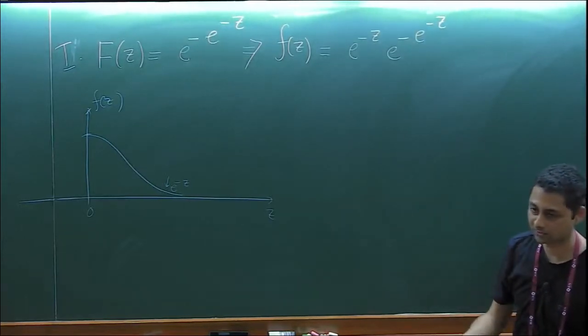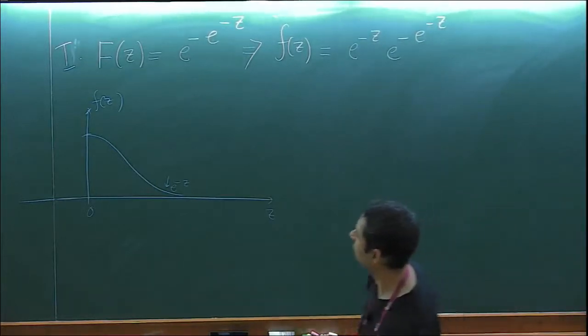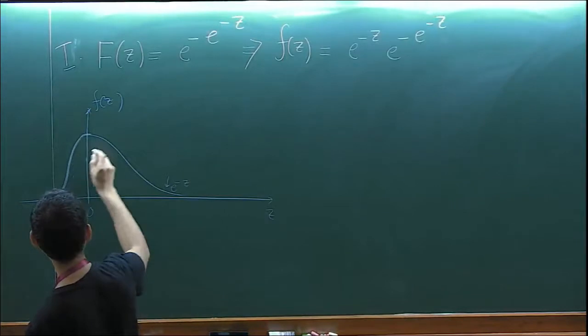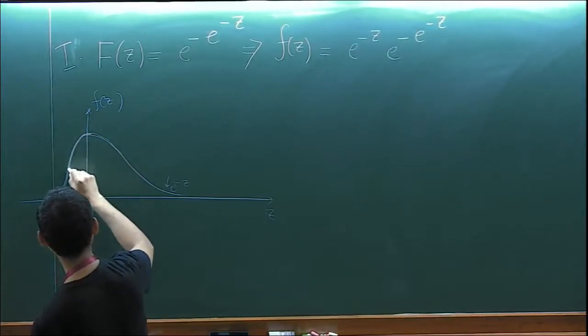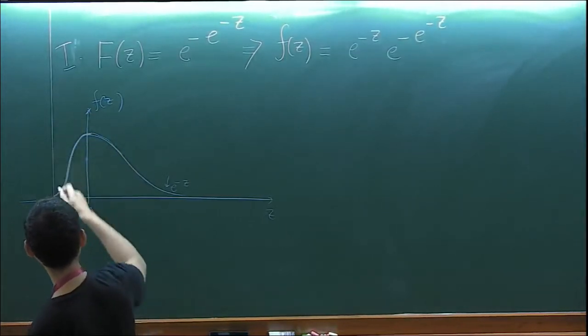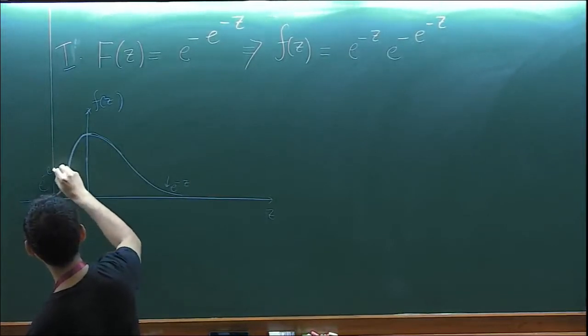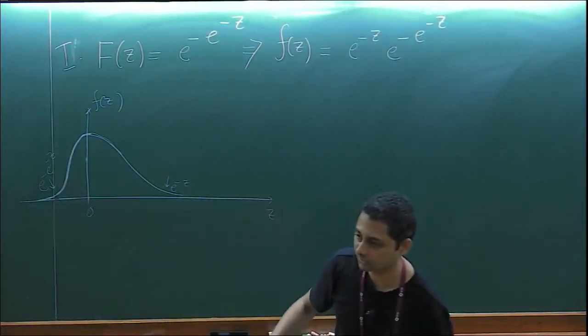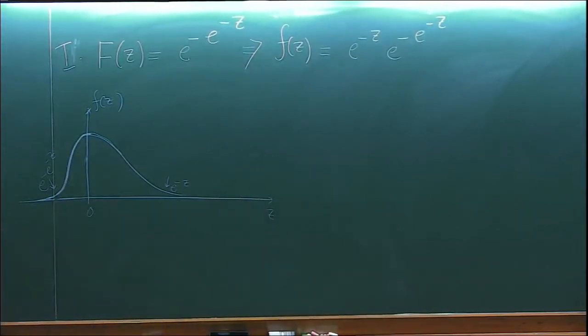So which one dominates? This side, right? This one actually decays much faster. So this has a super exponential decay on this side, and an exponential decay on the other side. Okay, this is just one example.